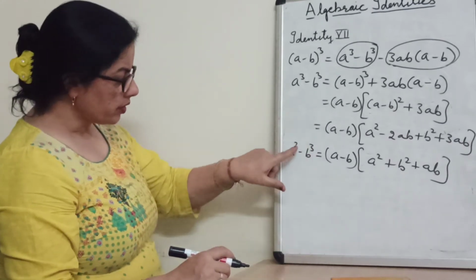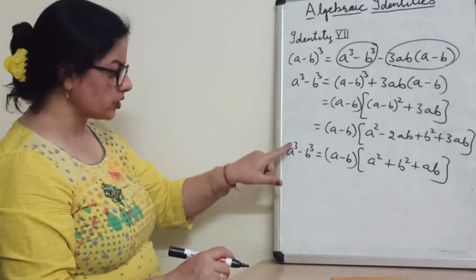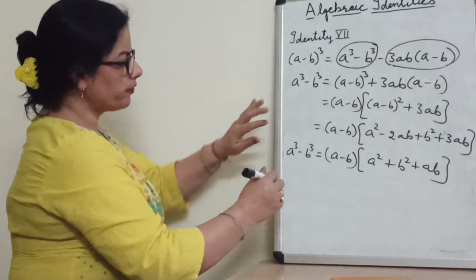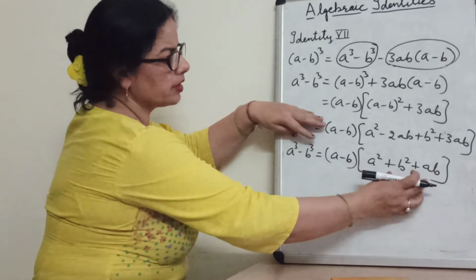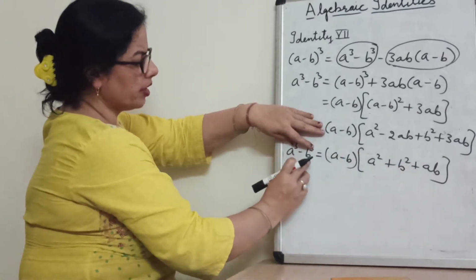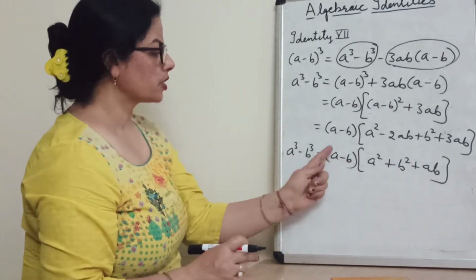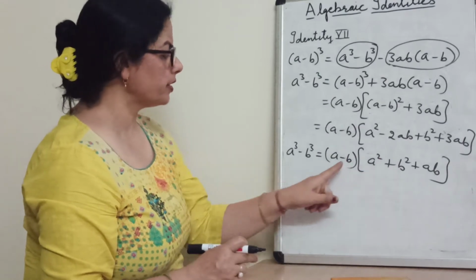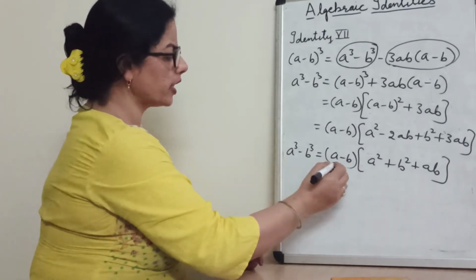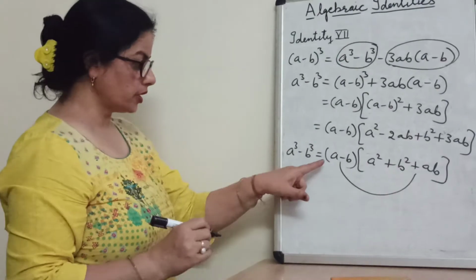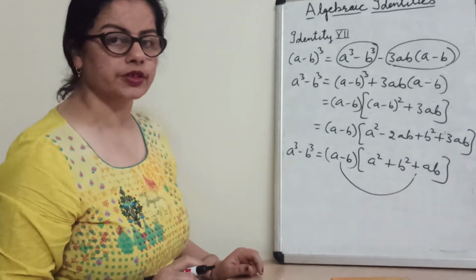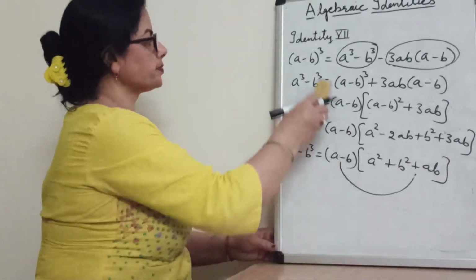See, if we want to find the difference of cubes of two terms, then there will be two brackets. First bracket a - b, second square of first plus square of second, then their product, but the sign should be opposite. If here is minus, then here will be plus. Is it clear?